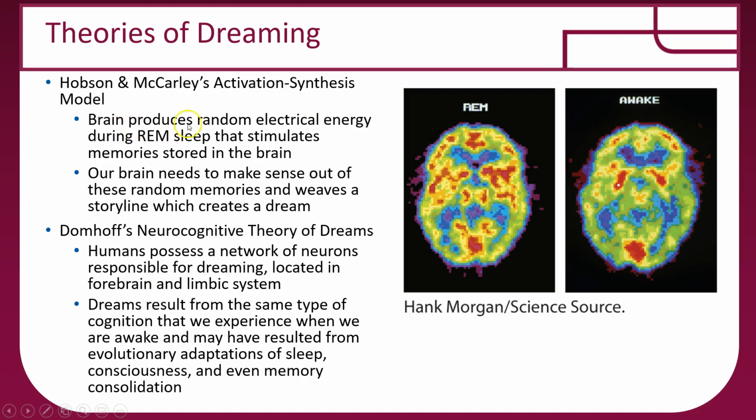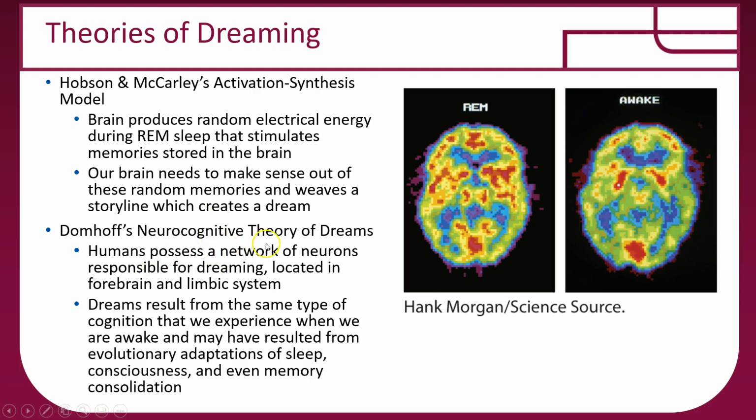This is that the brain produces random electrical signals during REM sleep, and that stimulates memories stored in our brain in just a random way. And that our brain needs to make sense out of these random memories. And so it weaves a storyline together that creates your dream. And so it's just random activation of different parts and memories in our brain. And then your brain is going, I got to make sense of this. And so it weaves together this very often illogical dream.